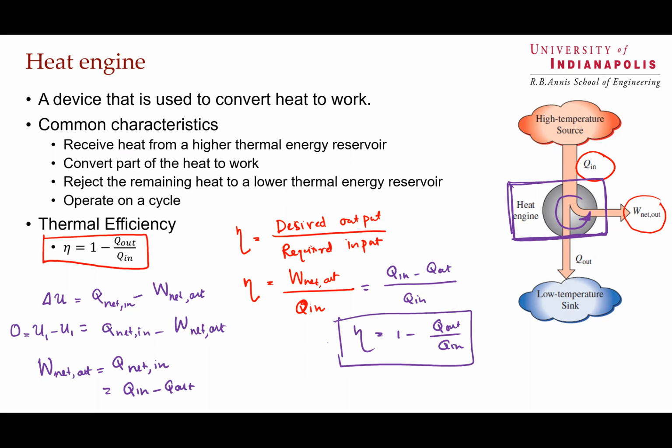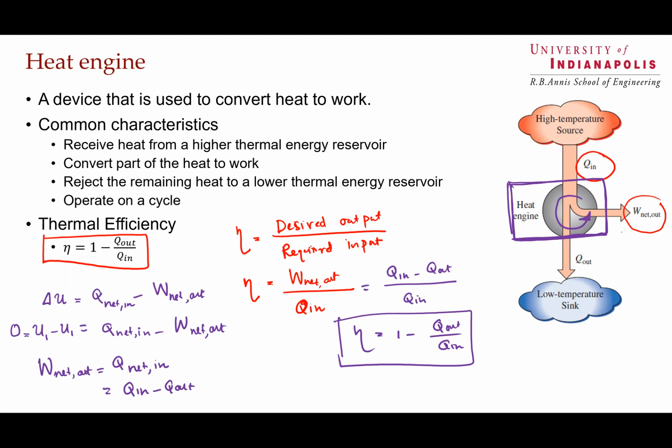Now, this heat engine could be a steam power plant. This heat engine could be an automobile engine. This heat engine could be a gas turbine plant. And either can be considered as a closed system or an open system if you look at individual components. But now we have encircled the entire plant or entire engine.